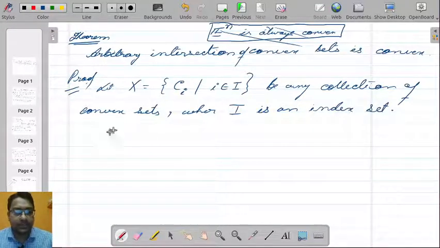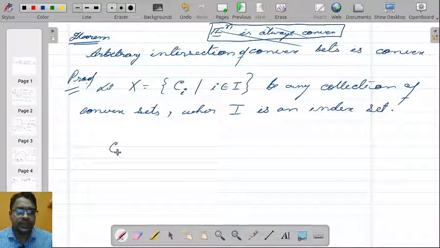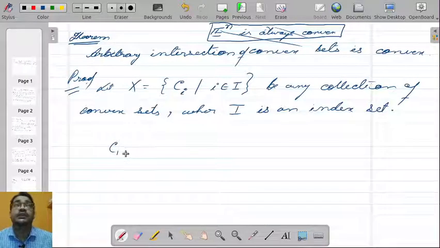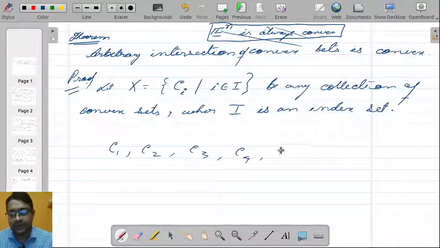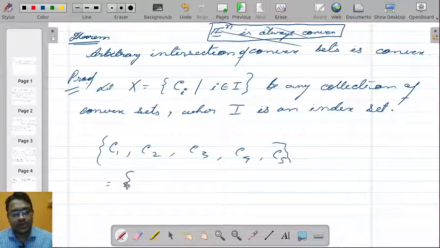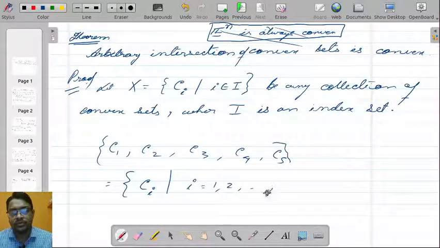Say usually when we say let us take 5 convex sets, what we do is write it as C1, C2, C3, C4, C5. So this is a collection of 5 convex sets. How do I write it in a short form? It is the collection of Ci such that i goes from 1 up to 5.